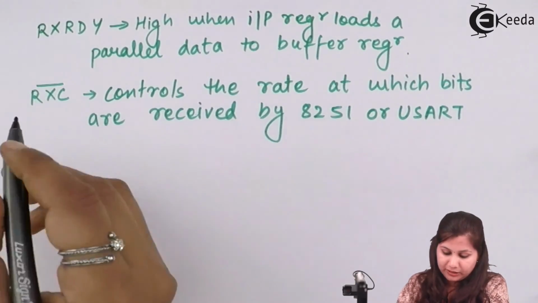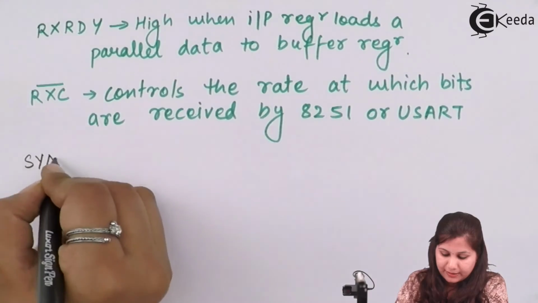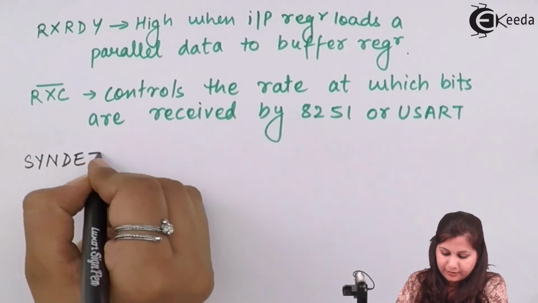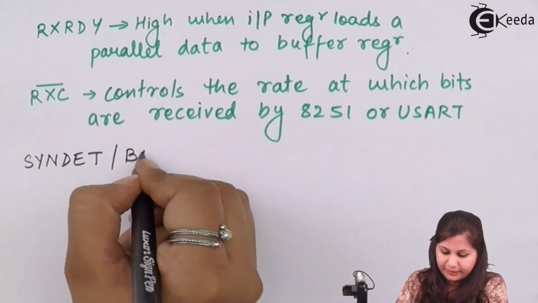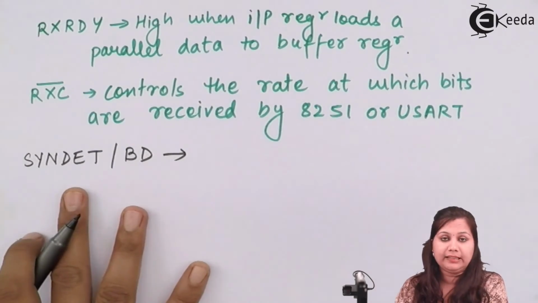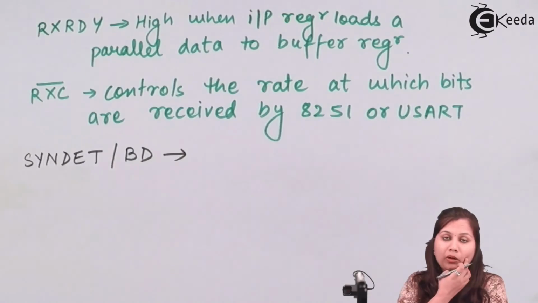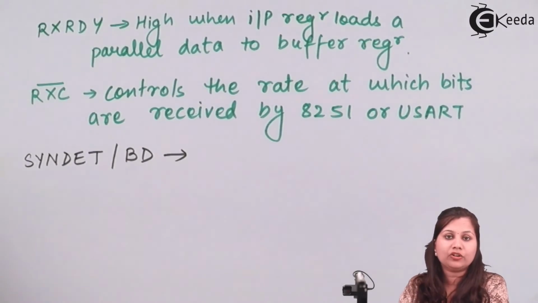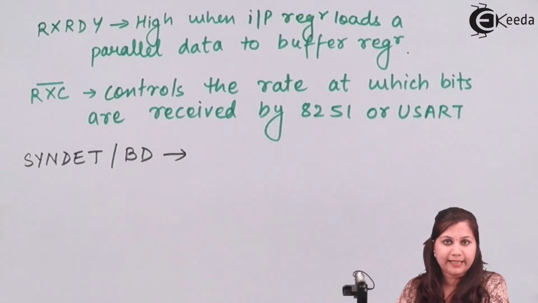Next, we were having the sync detect and break detect. The function of this signal is dependent upon the mode, whether the synchronous mode is selected or the asynchronous mode is selected.